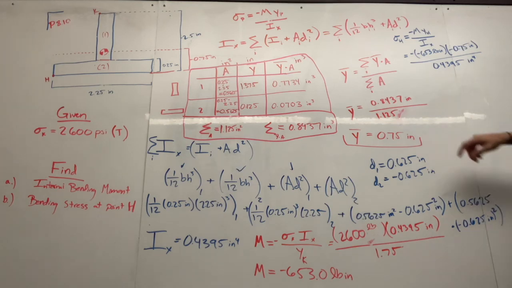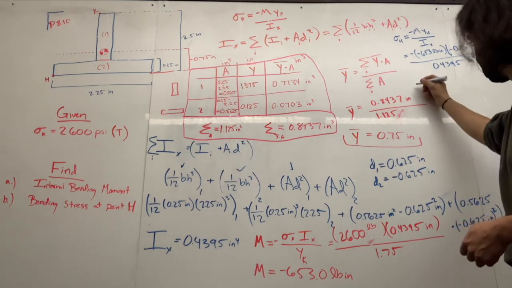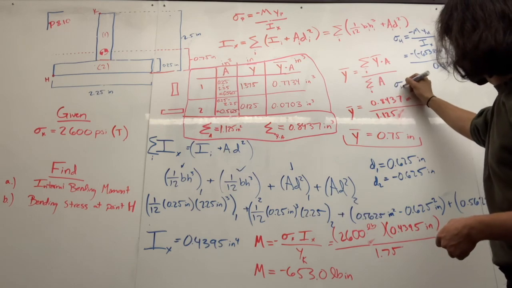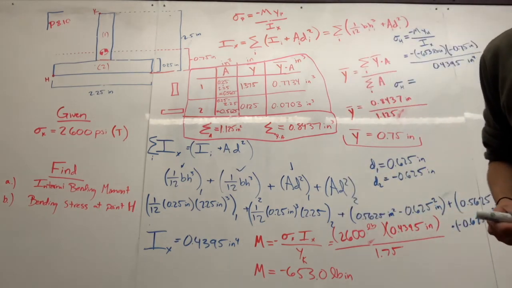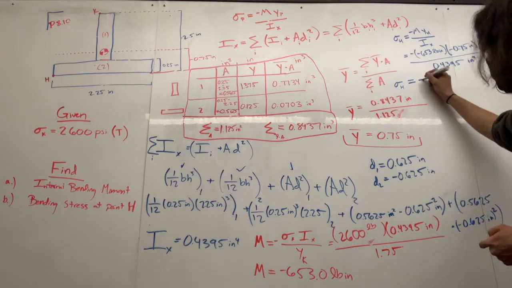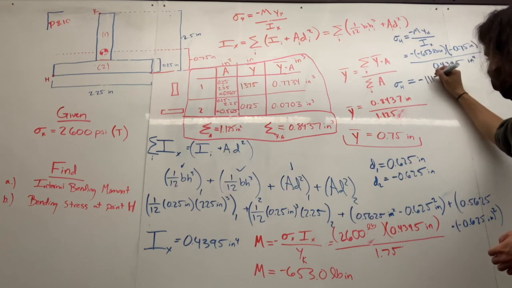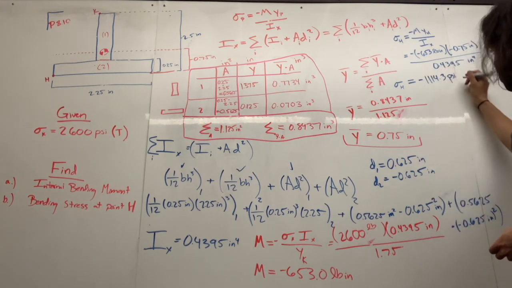So, negative, negative, negative, three negatives means it stays negative. So then this internal stress at H is equal to negative 1114.3 psi.